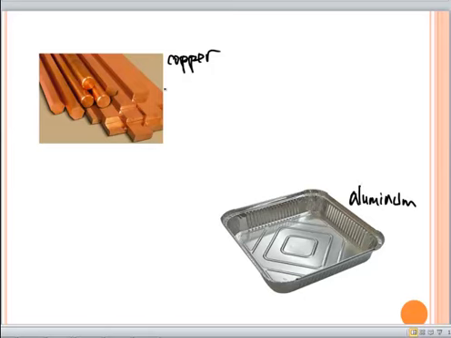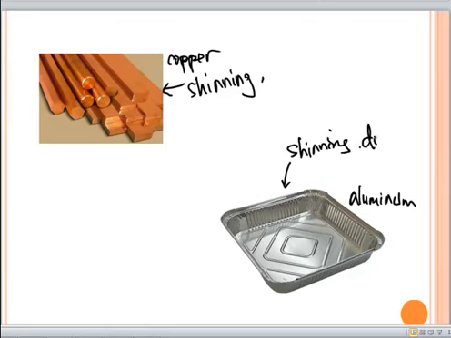As you notice, they are very shiny and with distinctive colors. This is also shiny with this distinctive color. So, shiny with distinctive color.